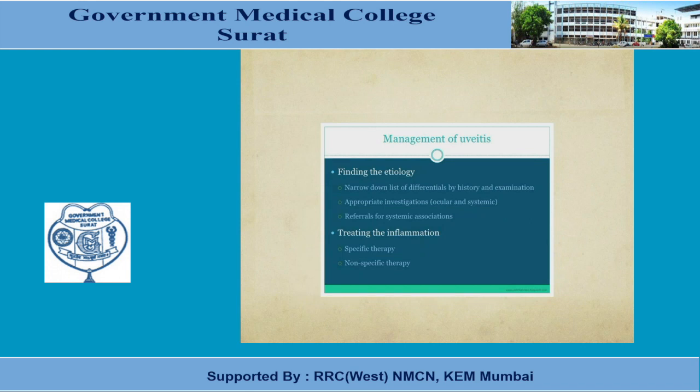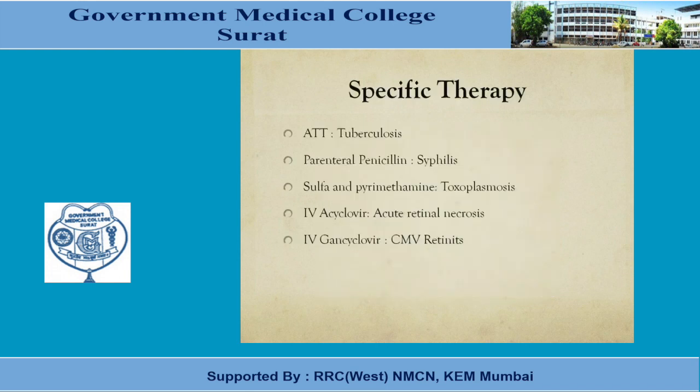So finding the etiology will be our first thing, but if we can't find it, we narrow down the list by history and all that, and referrals if you find systemic associations. Otherwise, you go next for specific therapy. So let's say tuberculosis, you know what to do. Syphilis, you know what to do.